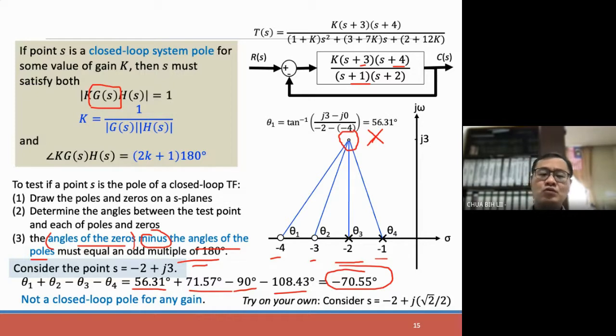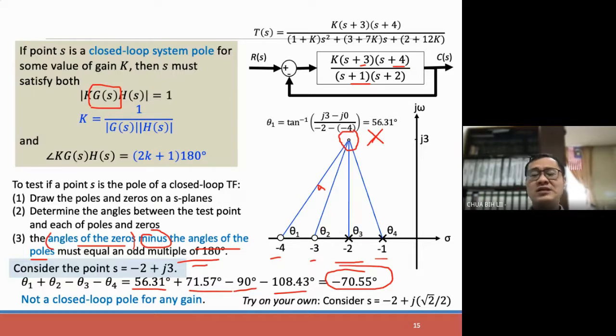Why we would do this testing is because when we start our design, we may want to locate our point ourselves, instead of maybe drawing the root locus beforehand. You may say, let's try this point, it looks nice, because it's just above the -3, or in this case we try such that this is just above -2.